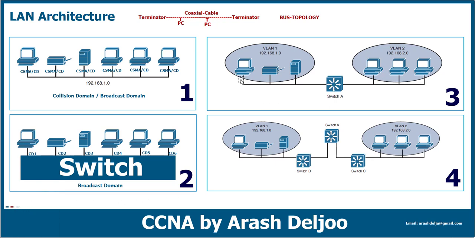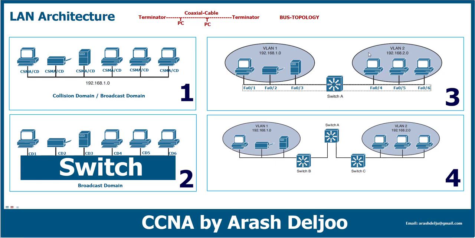This is FastEthernet 0/1, this is FastEthernet 0/2, and this is the FastEthernet 0/3 interface. And here we have FastEthernet 0/4 and then FastEthernet 0/5. You know that by default, all of these interfaces reside in VLAN 1, and because of that, all of them are working in one broadcast domain.